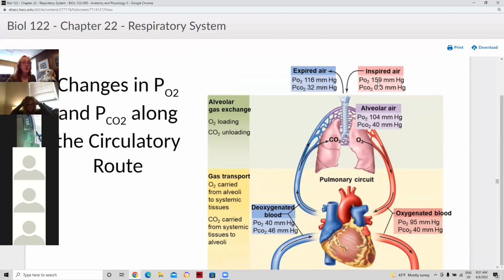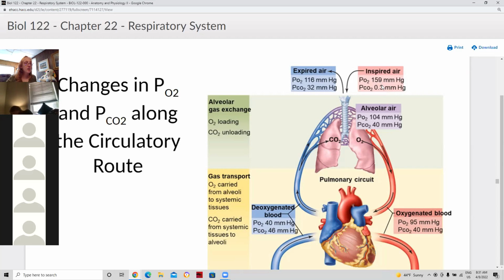Oxygen is 20.9% of atmospheric air. And thus, 0.209 times 760 gives you 159 millimeters of mercury.